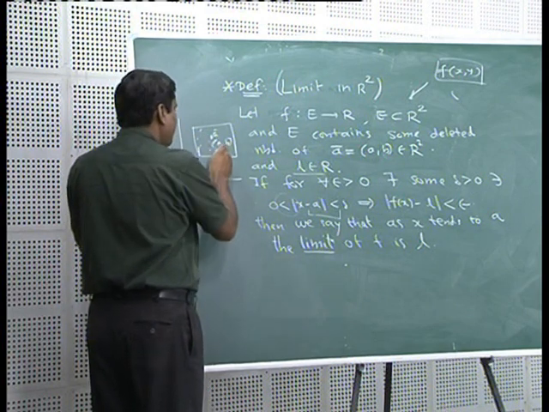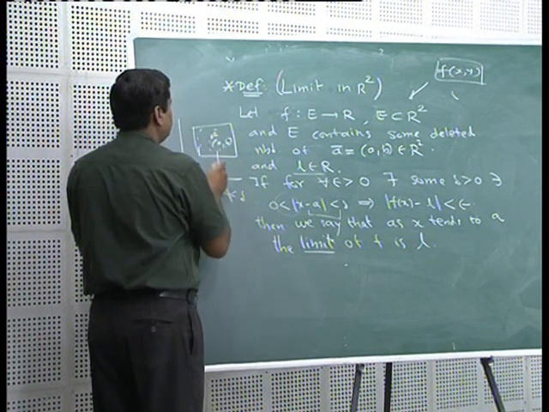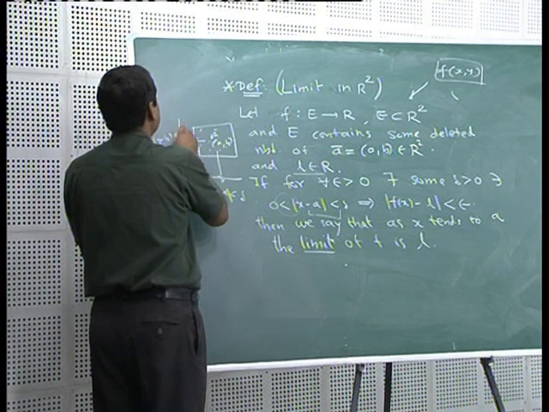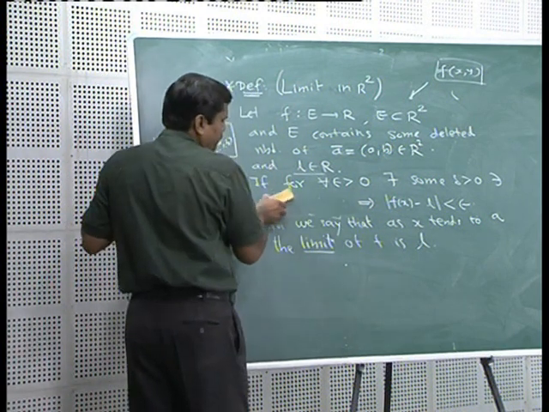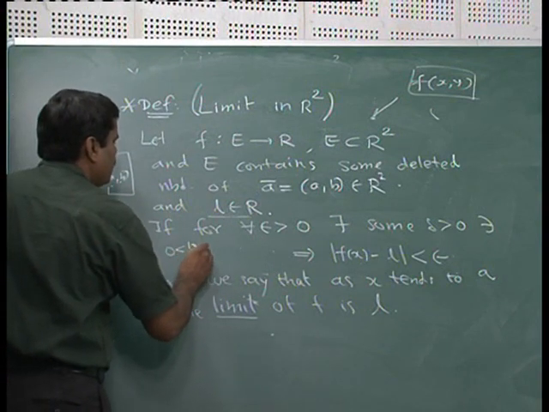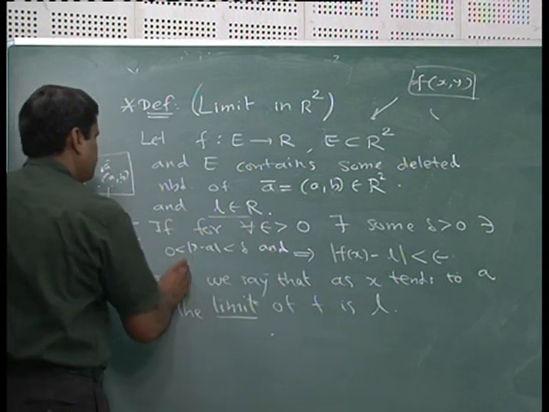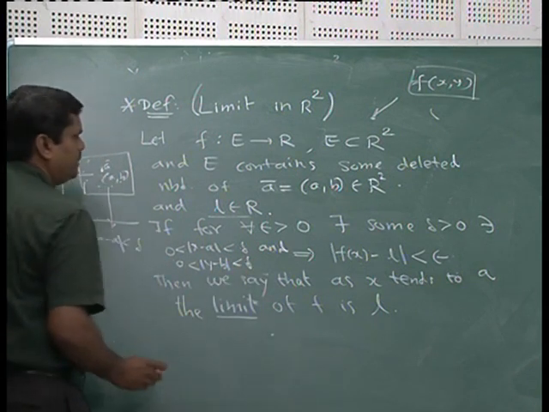If you take any x here, it should satisfy mod of x minus a less than delta, and for any y it should satisfy mod of y minus b less than delta. So now we do not have only one condition, this is replaced by two conditions: 0 less than mod of x minus a less than delta and 0 less than mod of y minus b less than delta.